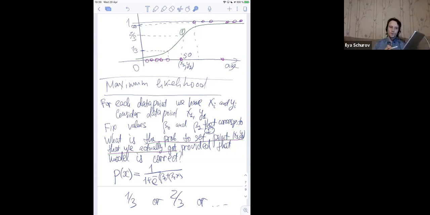In other words, if the model is correct and I get a random person with age 50, what is the probability that for this person I will get this data that I have?